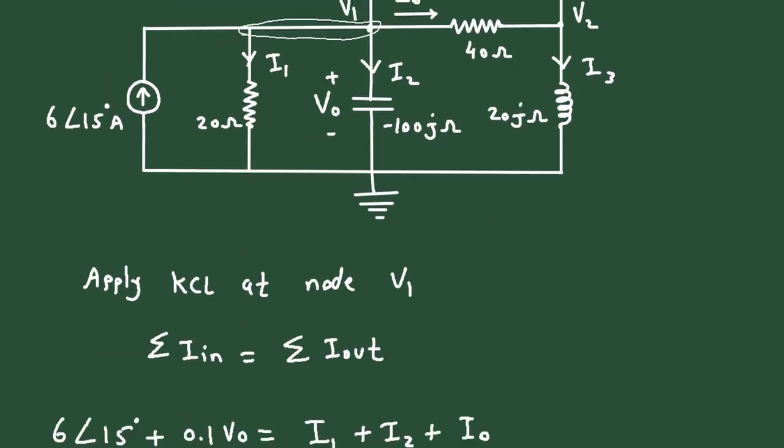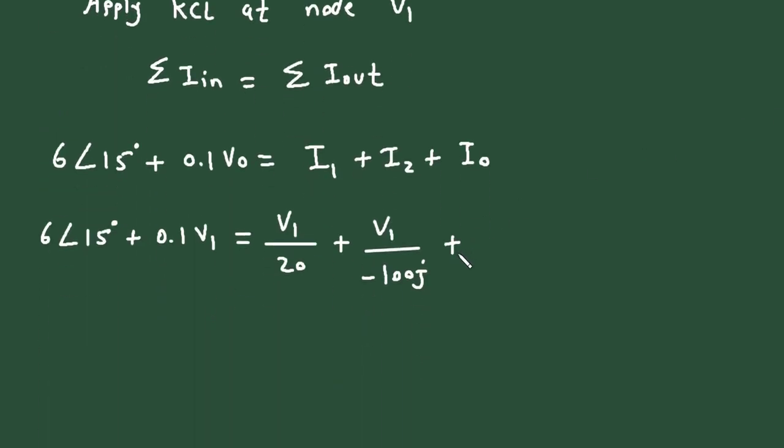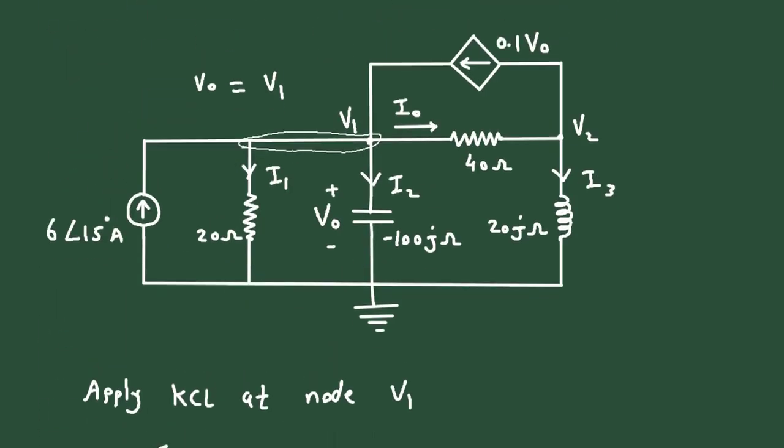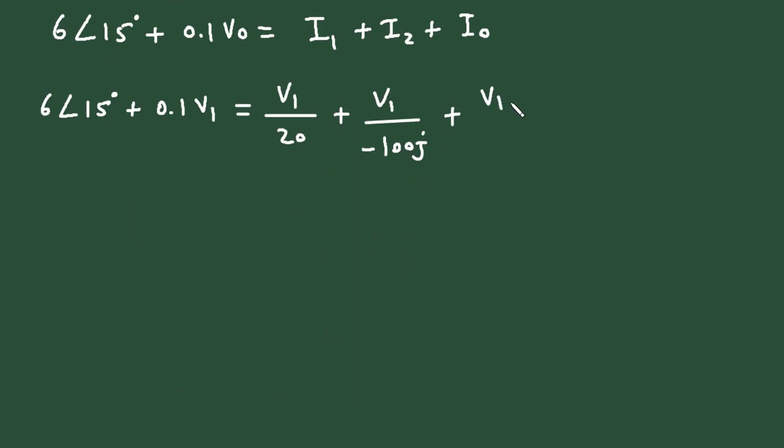Then plus Io. So this Io will be (V1 minus V2) divided by 40.